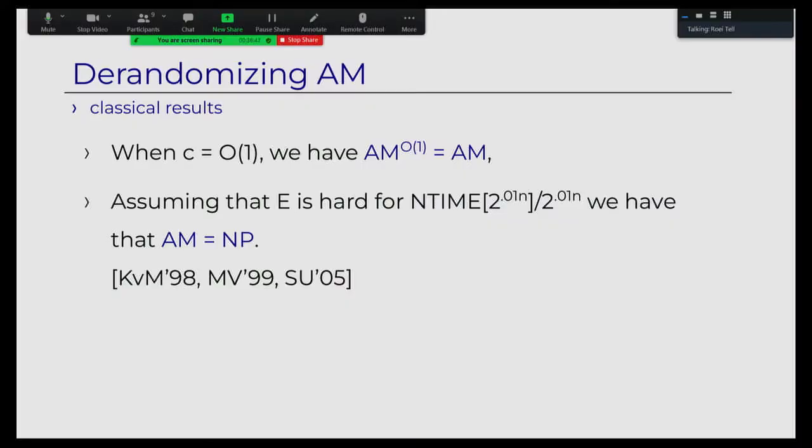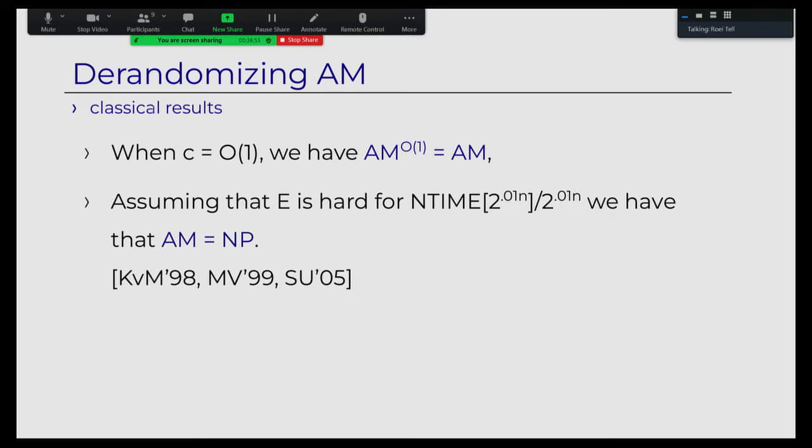And classical results tell us that when C is a constant, then AM with constantly many rounds collapses back to AM with some time overhead. And also, assuming that E is hard for non-deterministic circuits of exponential size, AM equals NP. So basically, AM with constantly many rounds under sufficiently strong conjectures is just NP. You can simulate it by a deterministic verifier.